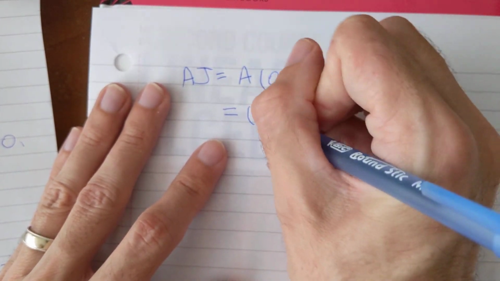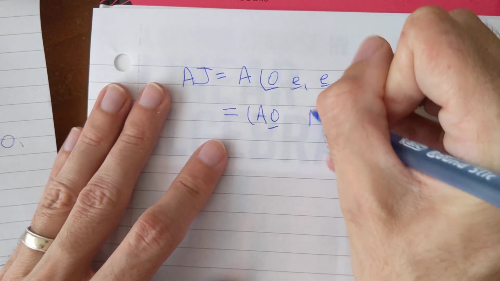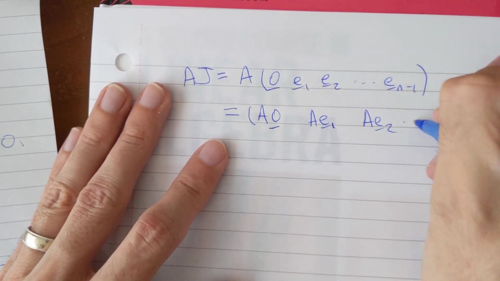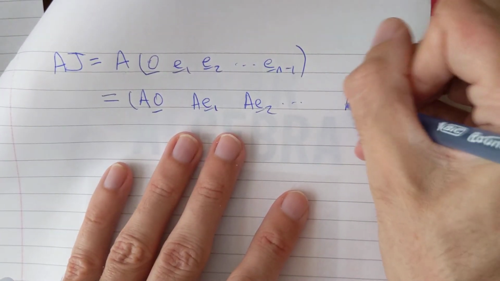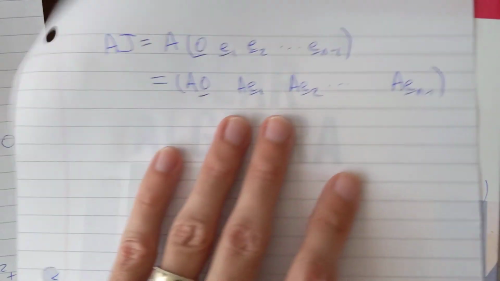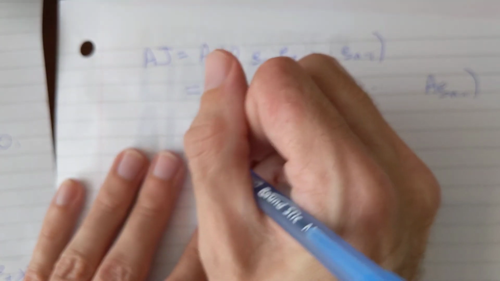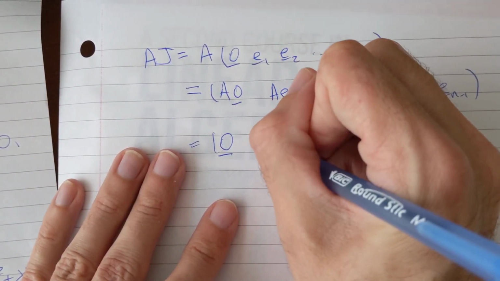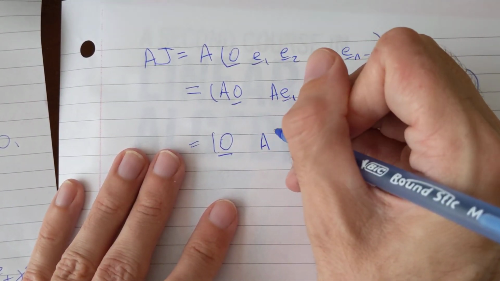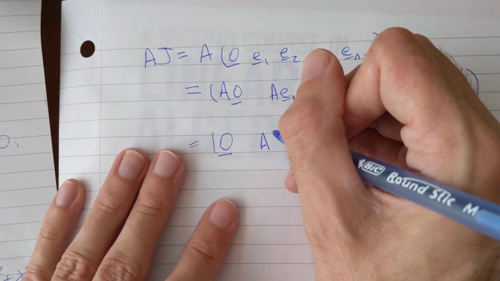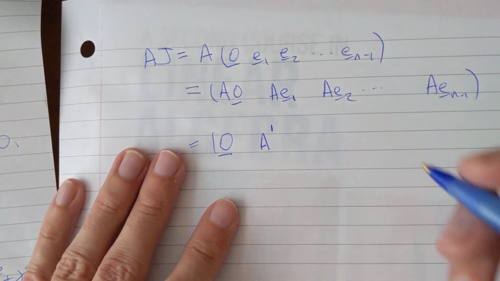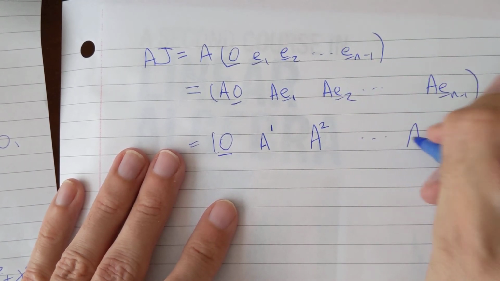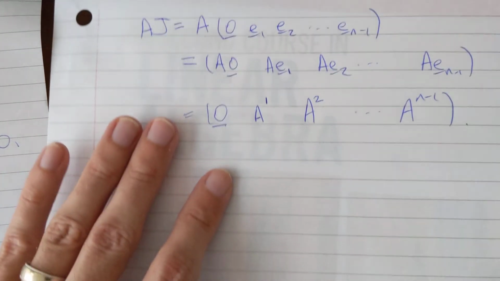So how do we multiply? Well, we do A times 0. The second column is AE1. The third column is AE2. The nth column is AEn minus 1. And again, A0 is just a 0 vector. AE1 is the first column of A. Then the second column, then the n minus first column.